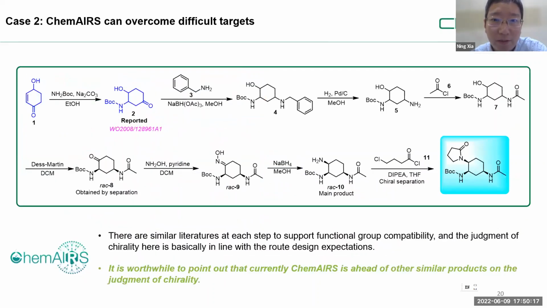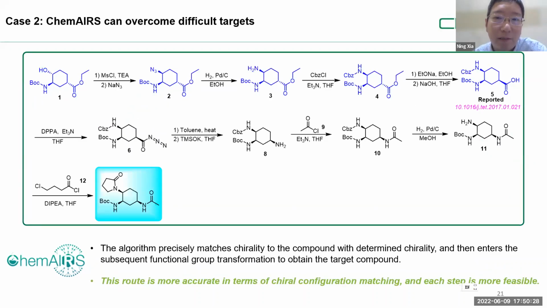For example, the first route tried to construct the chirality center, and the relative configurations are all correct. And the second route is even better. It starts with an available chiral starting building block, and the chirality centers are brought to the final target by reactions.